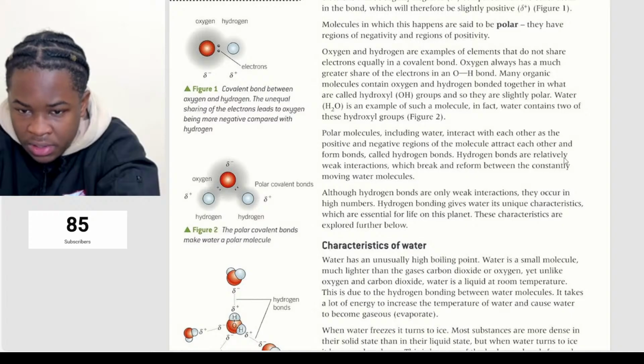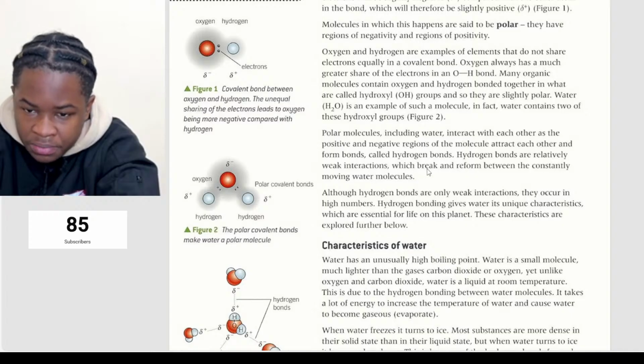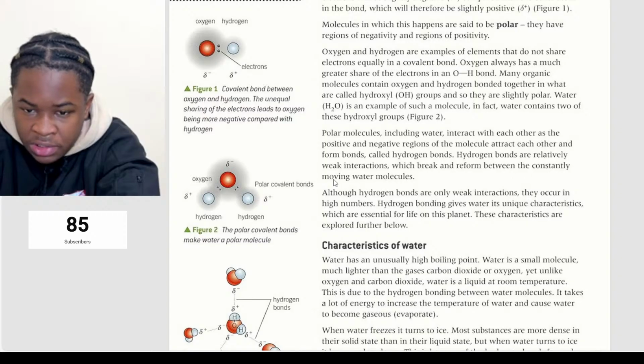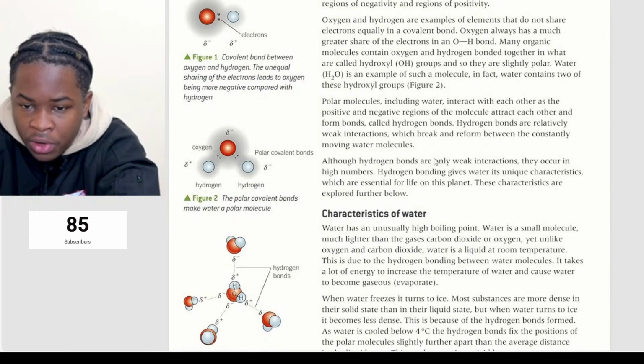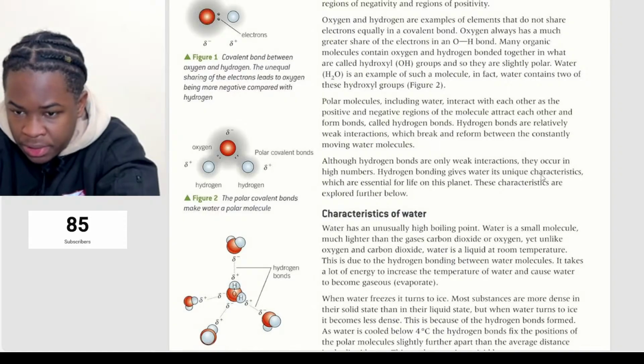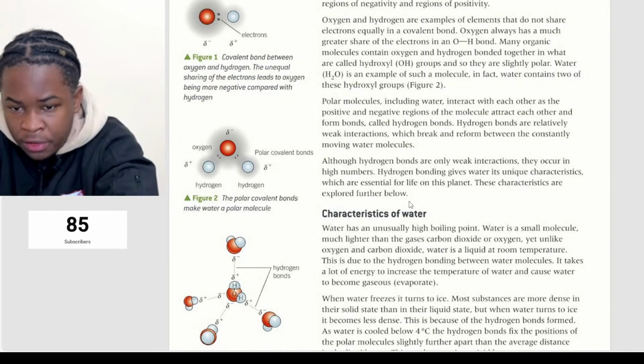Hydrogen bonds are relatively weak interactions which break and reform between constantly moving water molecules. Although hydrogen bonds are only weak interactions, they occur in high number. Hydrogen bonding gives water its unique characteristics which are essential for life on this planet. These characteristics are explored further below.